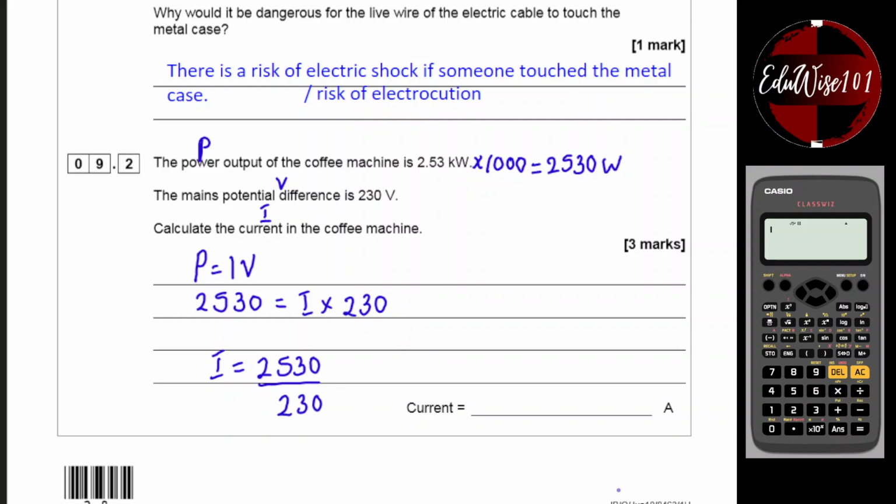So 2530 divided by 230, that gives me 11 amps. 11 amps. Next part.